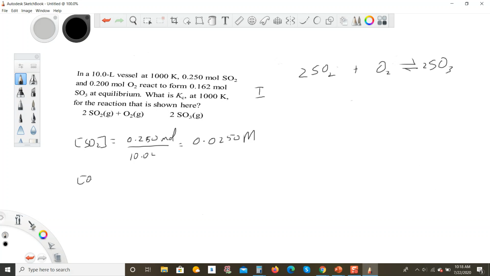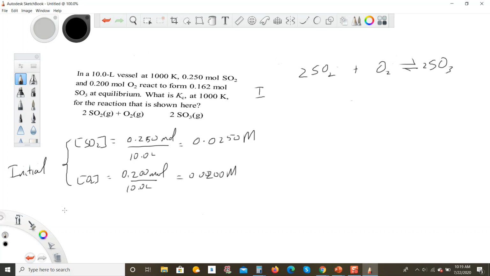The concentration of the oxygen is equal to 0.200 moles divided by 10.0 liters, and this works out to be 0.0200 M. Now remember, these are the initial concentrations, right?